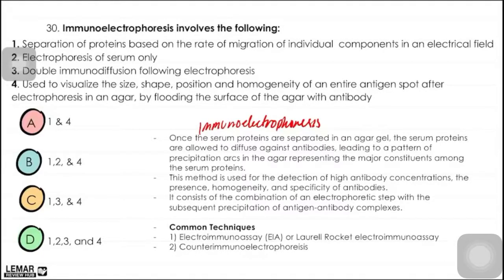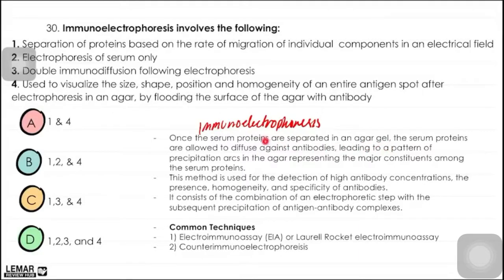So, immunoelectrophoresis consists of a combination of the electrophoretic step with the subsequent precipitation of antigen-antibody complexes. So here, the serum proteins are separated in an agar gel.